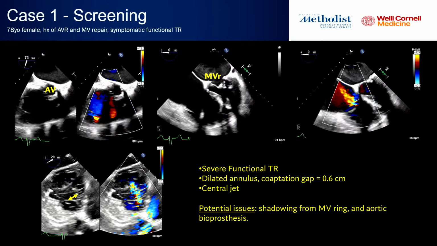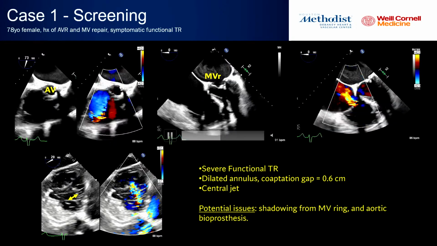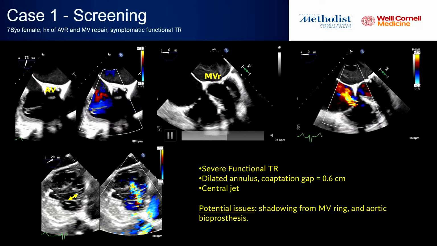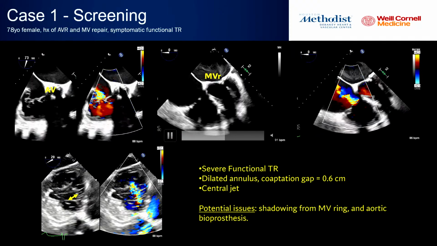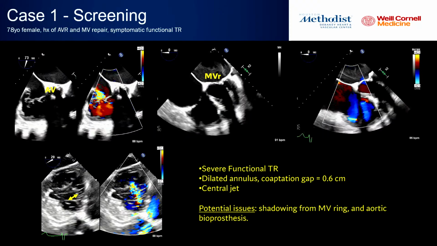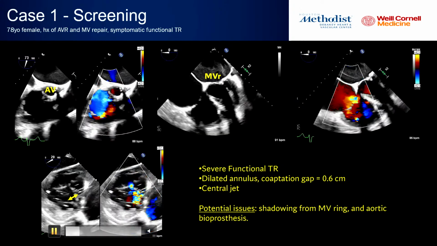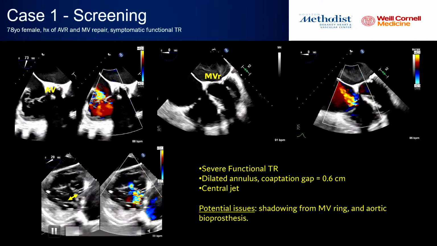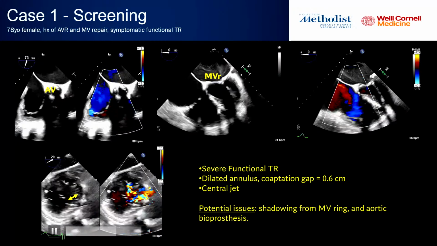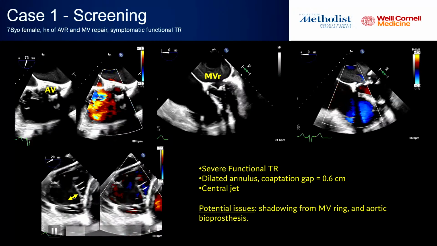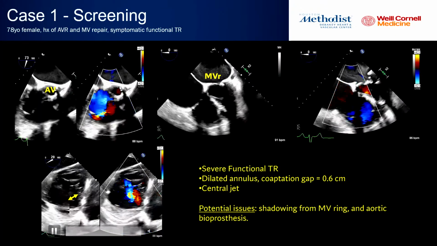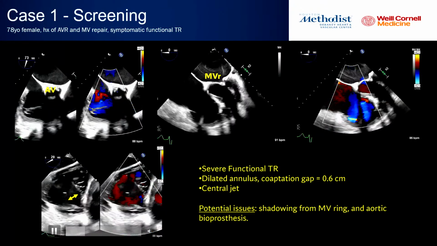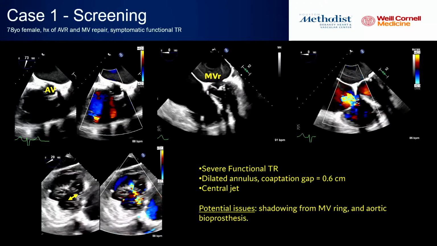So this is our screening TE, where we can see that although there is a mitral valve ring, we're still able to see the tricuspid leaflets. We see severe TR, and we see our coaptation gap here that was measured at 6 millimeters. The jet was central, and we know that the potential issues were two bioprostheses and a potential need for ICE.